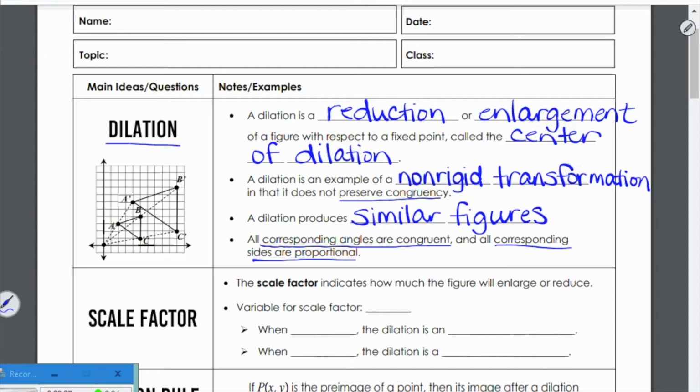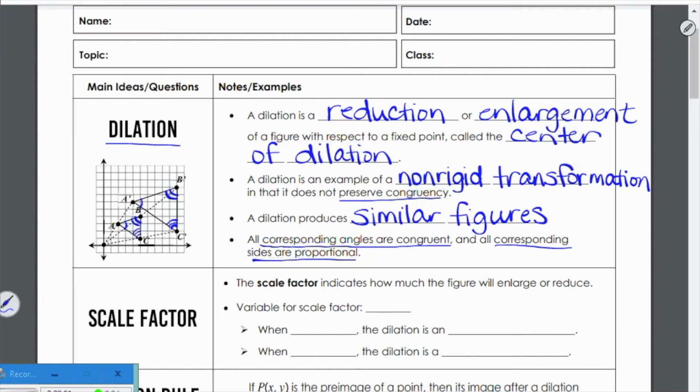And triangle A prime, B prime, C prime is our image. So our image has gotten larger, but angle A is congruent to A prime. And angle B is congruent to B prime. And angle C is still congruent to angle C prime. However, our sides are proportional.